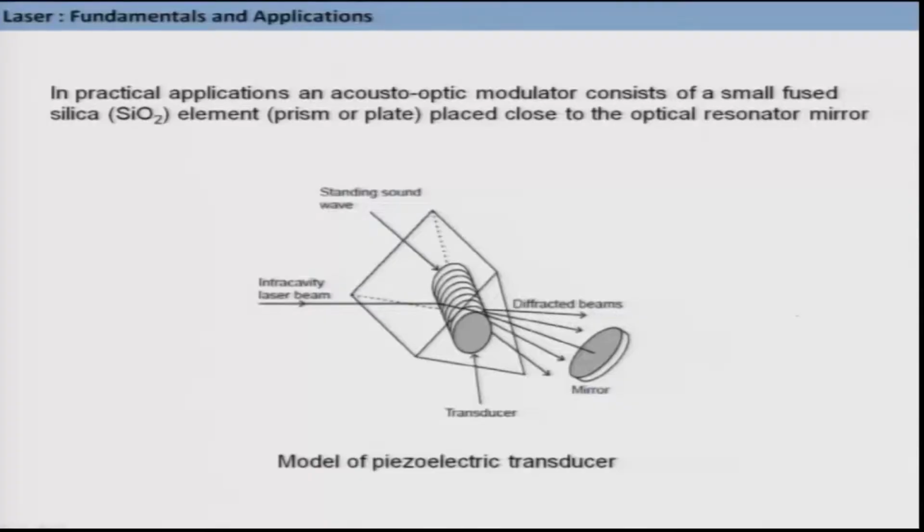Now, how do you do that practically? So, you need to use an acoustic modulator. Okay. So, this acoustic modulator generally can be, as I said in one of the previous classes, fused silica, and this is one of the most used systems.